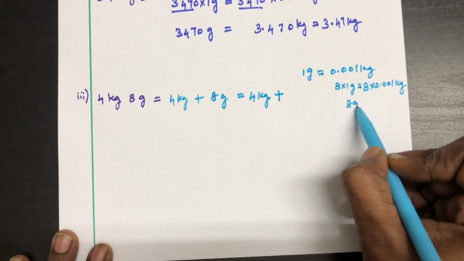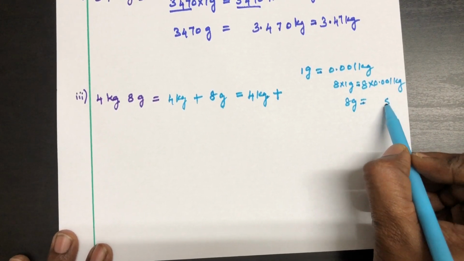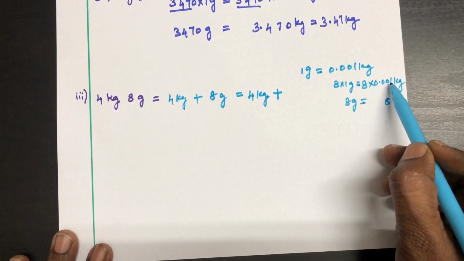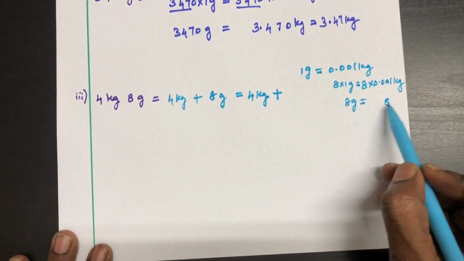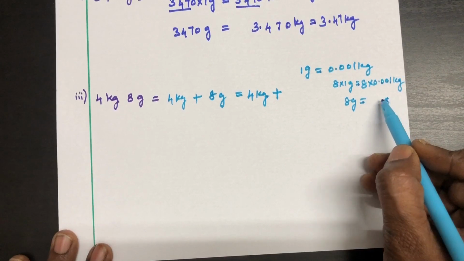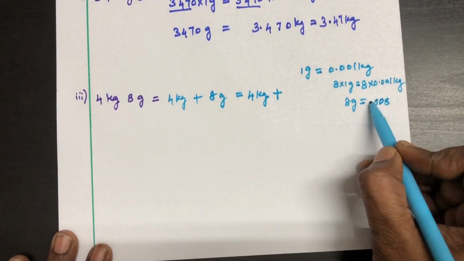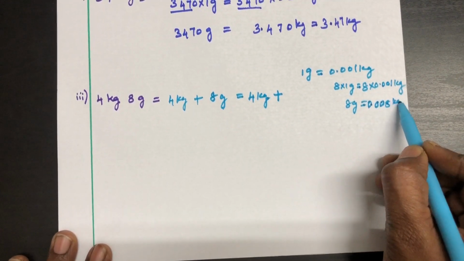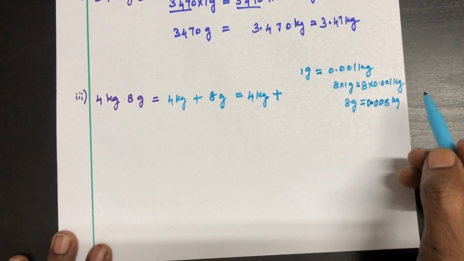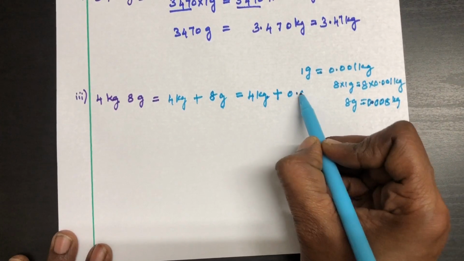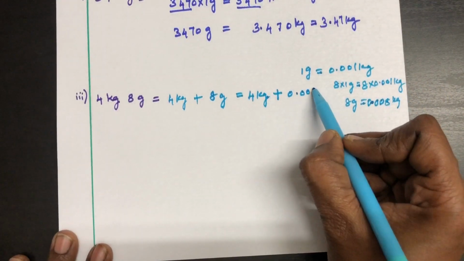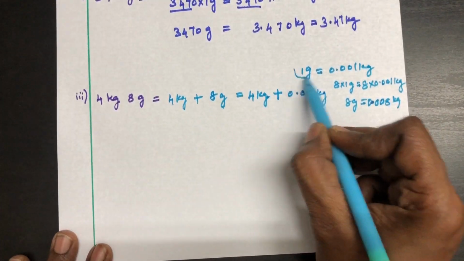So 8 gram is equal to 8. Count the decimal places. 1, 2, 3. So we need to leave 3 places here. So 1, 2, 3 kg. Point is here. So instead of 8 gram, we can write 0.008 kg.